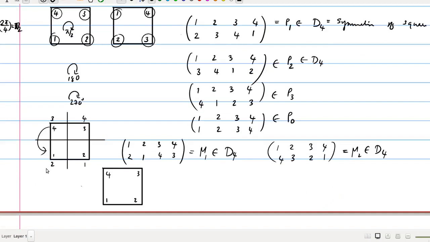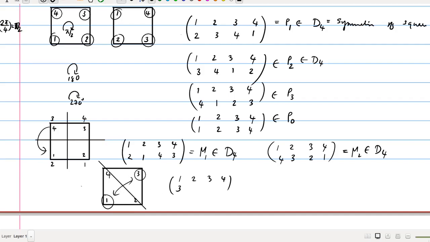Another symmetry of the square is due to the diagonals. If you consider this diagonal passing through 2 and 4, then you can define a new function 1 2 3 4 using this symmetry. If this is a mirror, then 3 and 1 are interchanged.